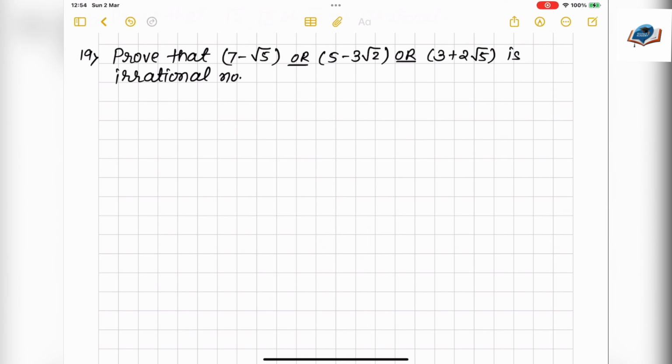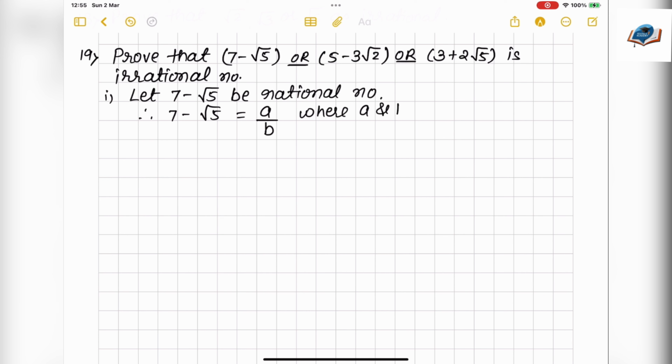Now next question says, prove that 7 minus root 5, or 5 minus 3 root 2, or 3 plus 2 root 5 is irrational. So let us do all of them turn by turn. Let the first one I am taking, let 7 minus root 5 be a rational number. So therefore 7 minus root 5 will be equal to A upon B, where A and B are coprime and B not equal to 0.